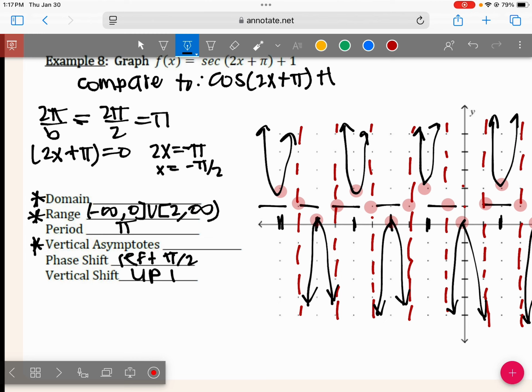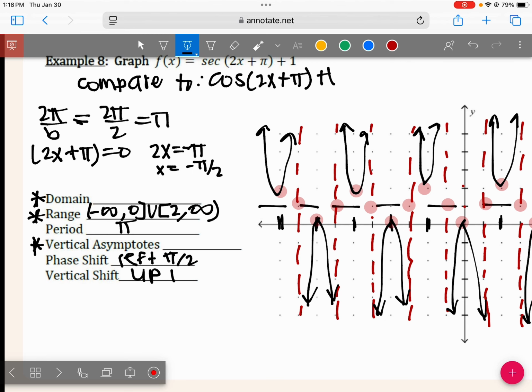What is our first dotted line to the right of our y-axis? 3 pi fourths.